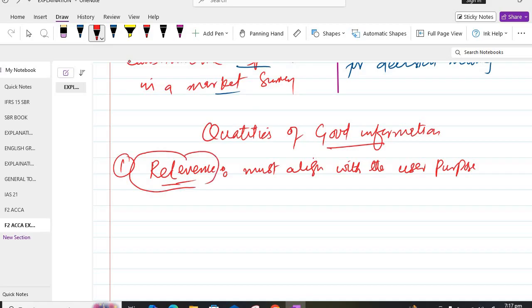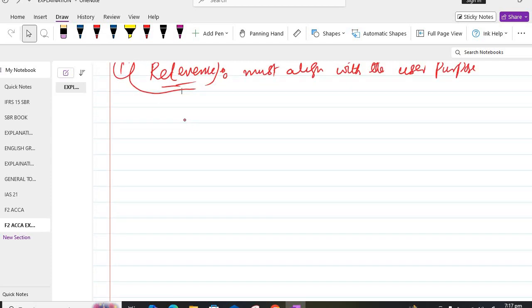For example, a sales report for the marketing manager should focus on sales data. If they ask for sales data and you provide budget data or other data, then this is completely irrelevant.